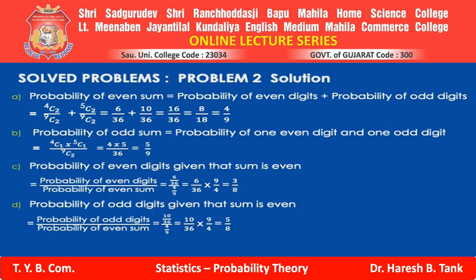So probability of even sum becomes 4C2 divided by 9C2 plus 5C2 divided by 9C2. This C is nothing but combination, right? And we do have a formula related to it. Simplifying it, it comes to 6 by 36 plus 10 by 36, which becomes 16 by 36. Further simplifying it, ultimately it comes to 4 upon 9.